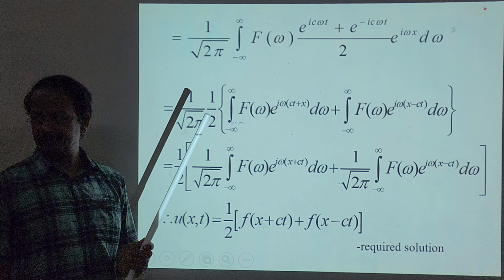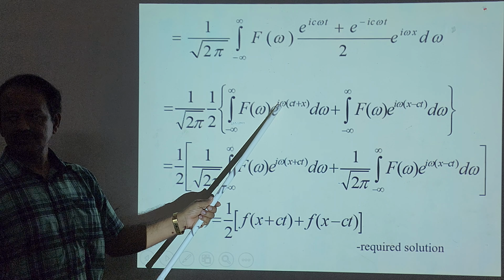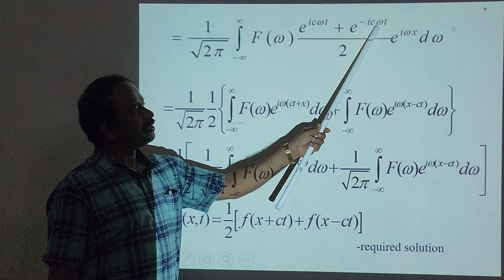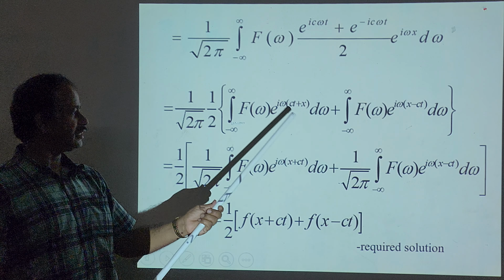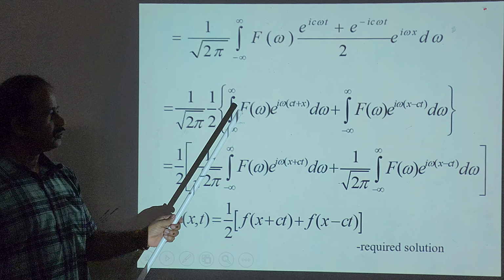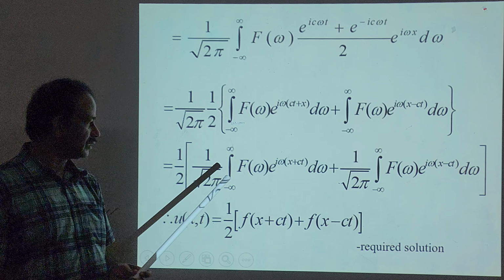So you can pull i omega out, that will give you x plus ct, and similarly x minus ct. You can integrate them separately. So I have integrated this term exactly like this, and this term exactly like this.